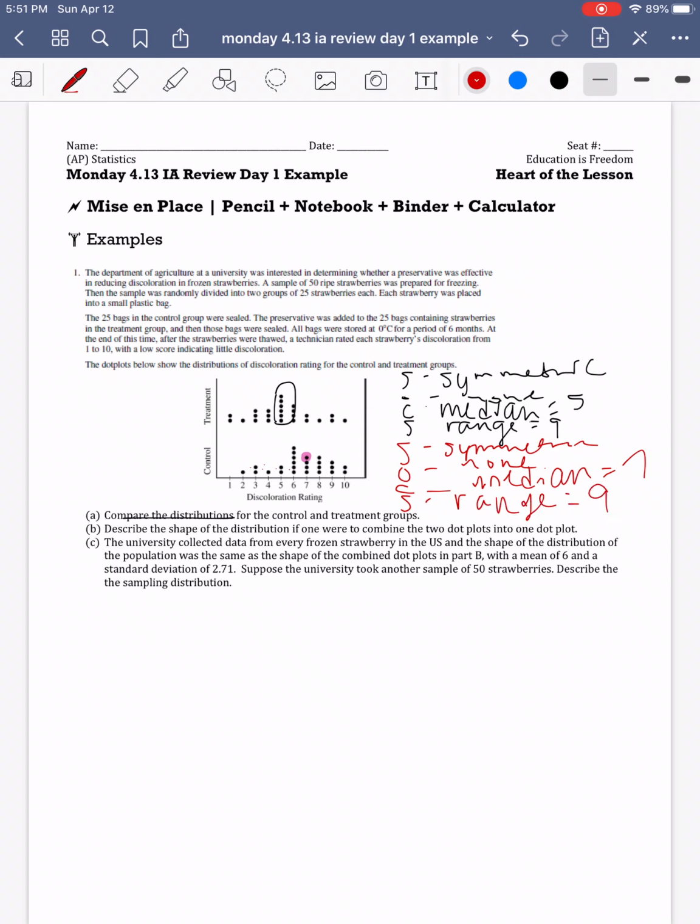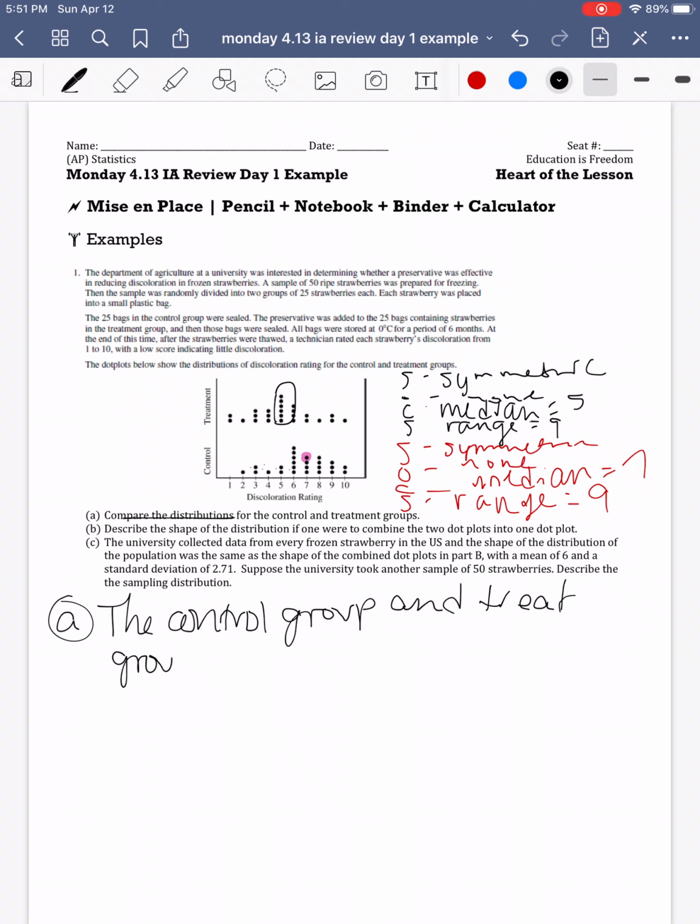So I've quickly just gone through, and now I'm going to actually compare my distributions. So for part A here, to compare them, the control group and treatment group have relatively the same shape, both with no outliers.